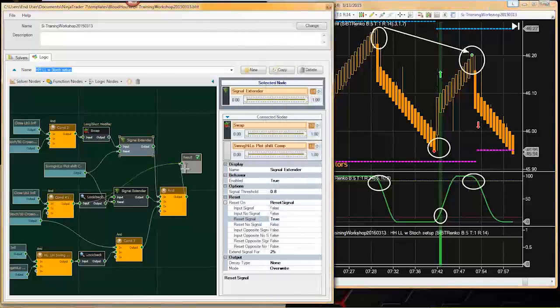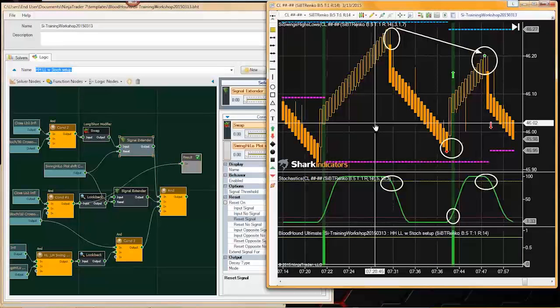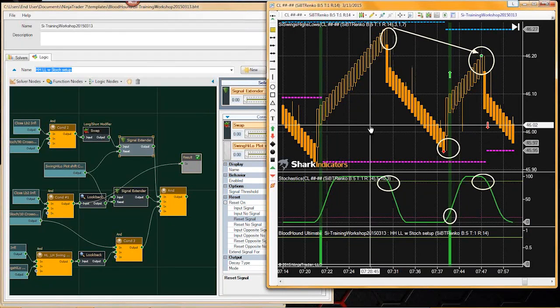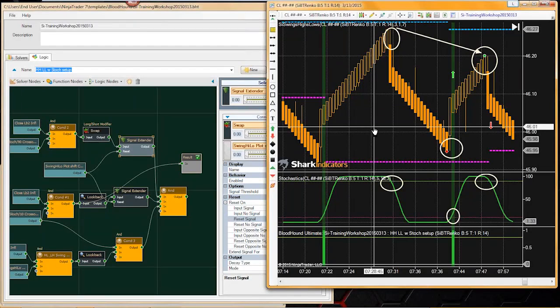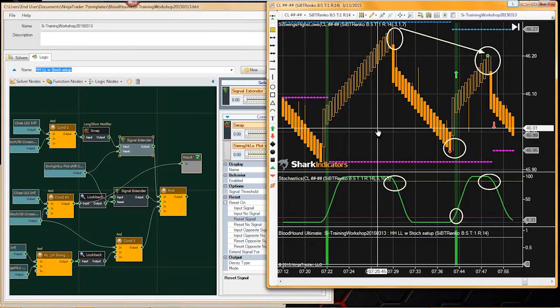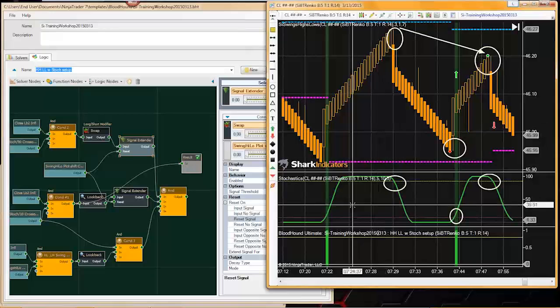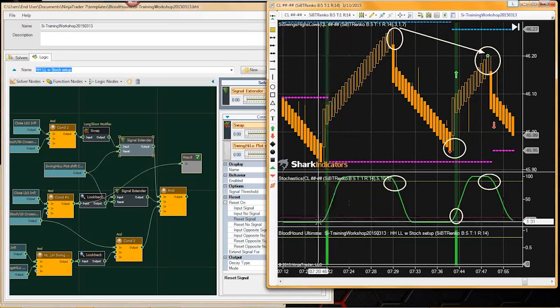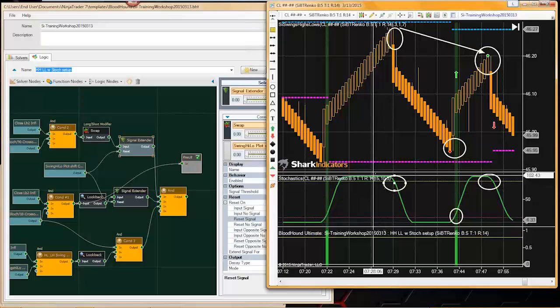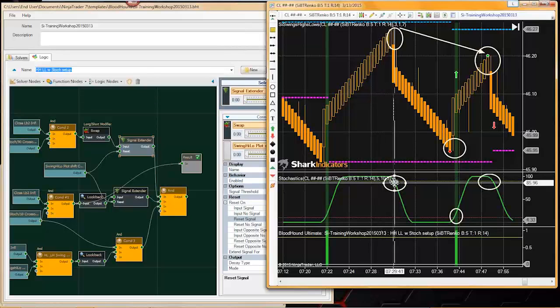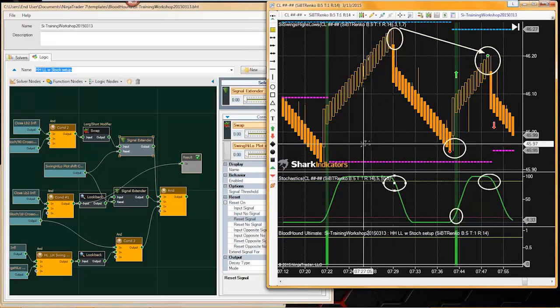So let's take a look at condition 1, and of course, the way I built condition 1, because we're using crossovers, I didn't build a crossover for condition 1 that looks at the stochastic crossing down of the 90 there, right?